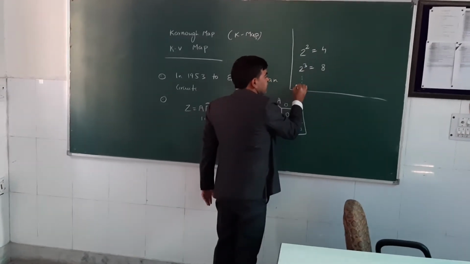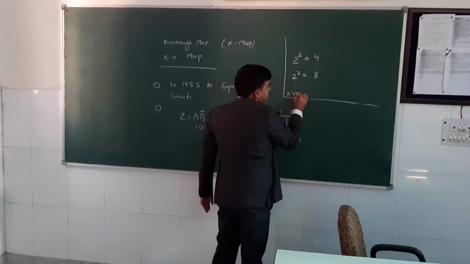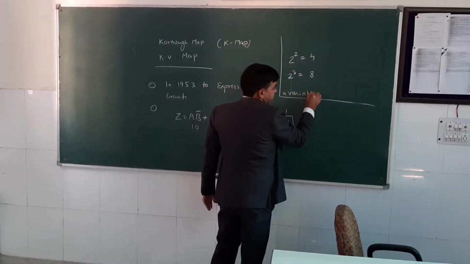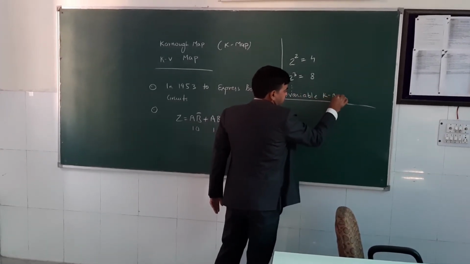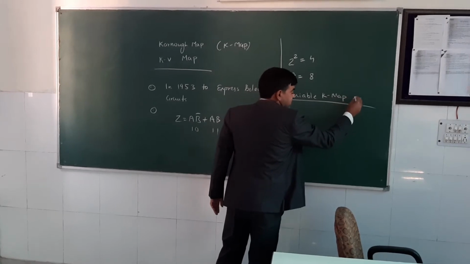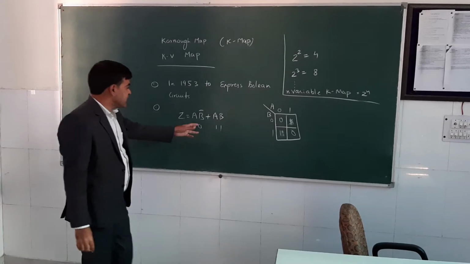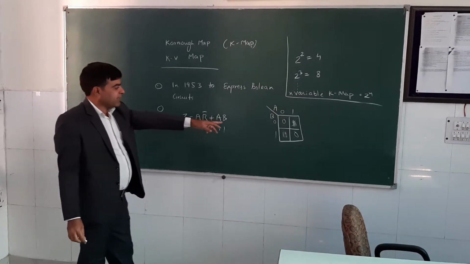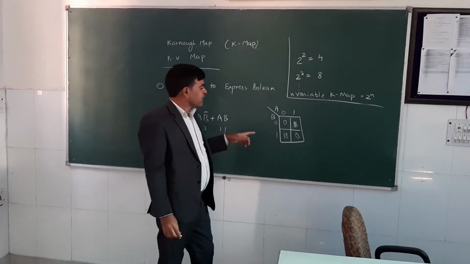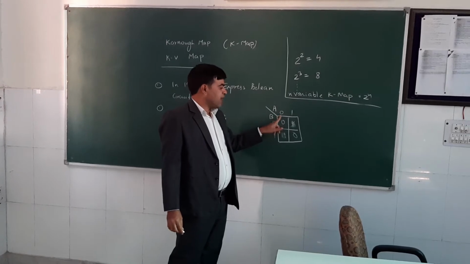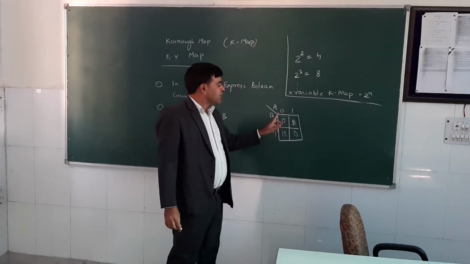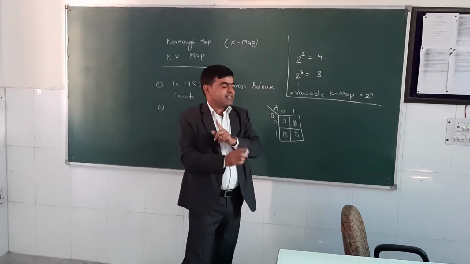And so on, for an n variable K-map we must have 2 raised to the power n cells. We must also remember that when moving from one cell to an adjacent cell, only one digit can change.